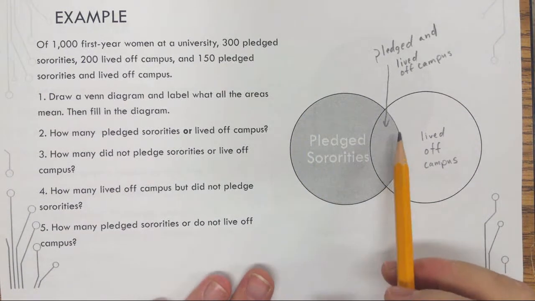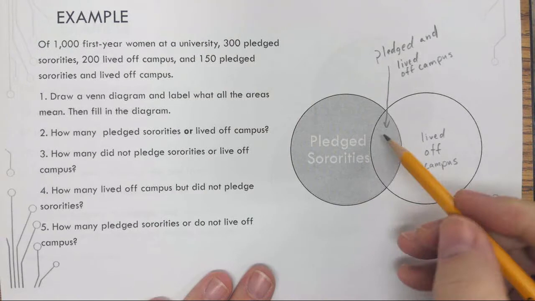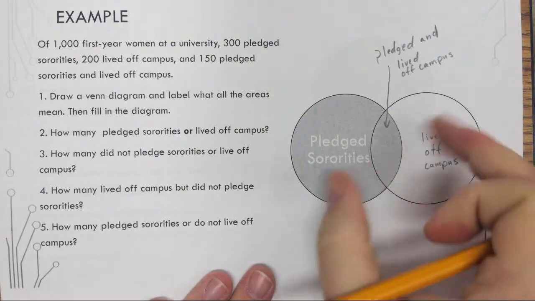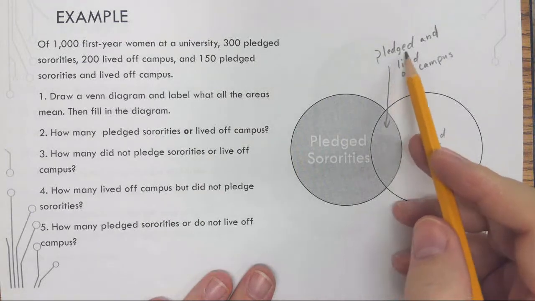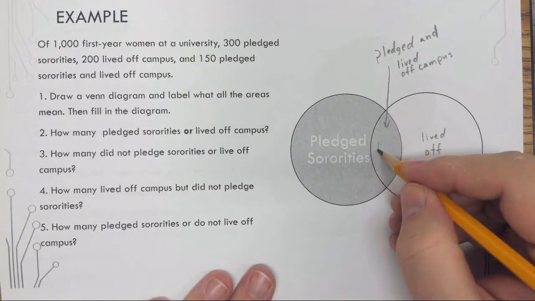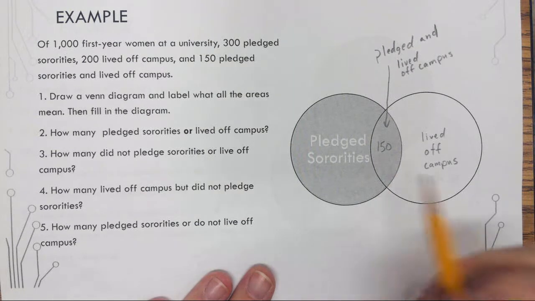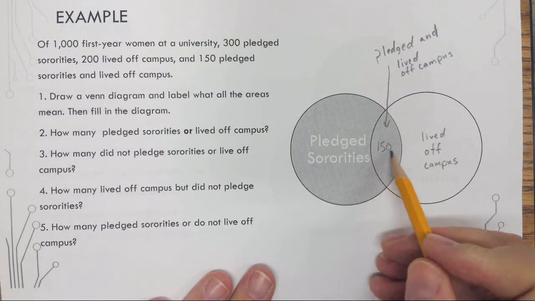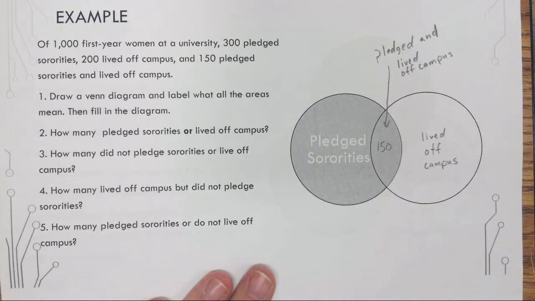Okay. When you're filling out these Venn diagrams, beyond labeling what everything is, you're always going to take the numbers and you're going to start in the center and work your way out. Okay, so we're going to start with the people that pledged and lived off campus, and that's 150 first-year women at the university. The reason I do that is because this number relates to the numbers here and here.